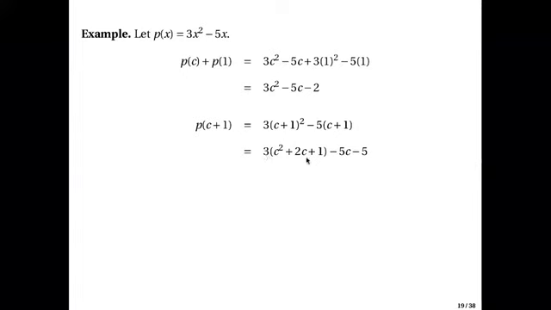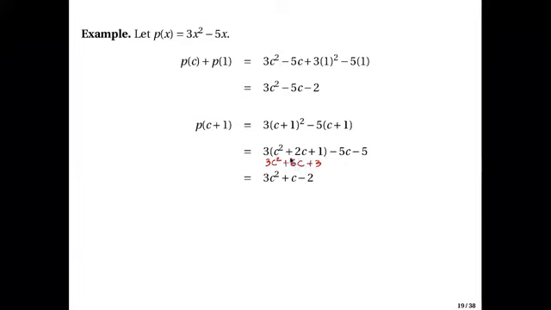And then this guy here, we distribute. And then let us simplify. So in here, if we distributed this, you will get 3c squared plus 3 times 2c, that's 6c, plus 3. Okay?